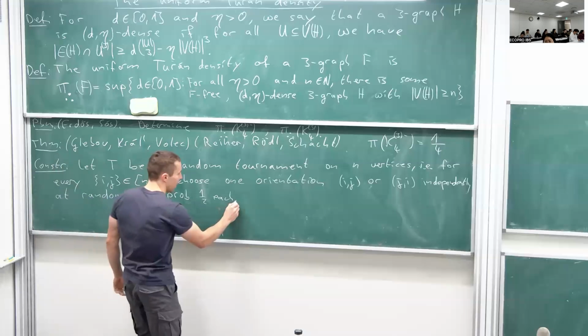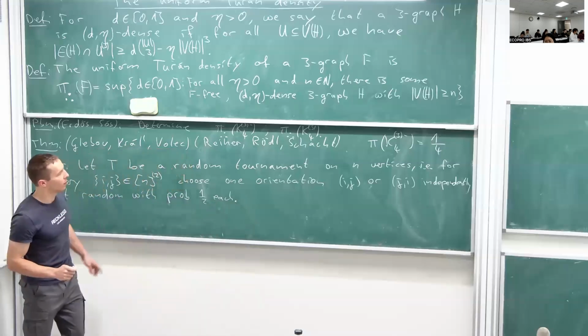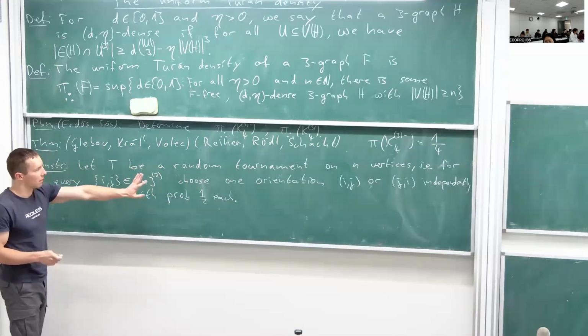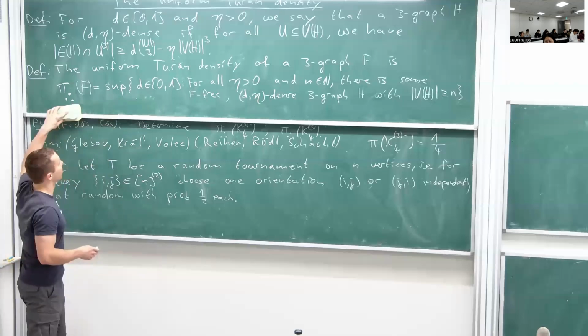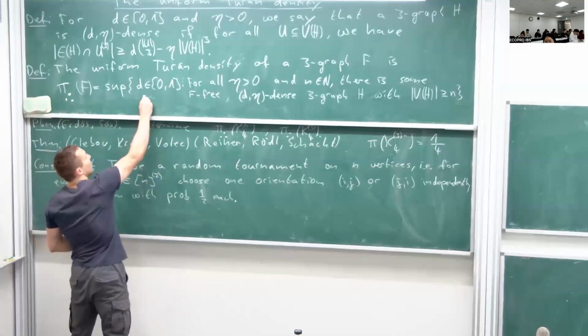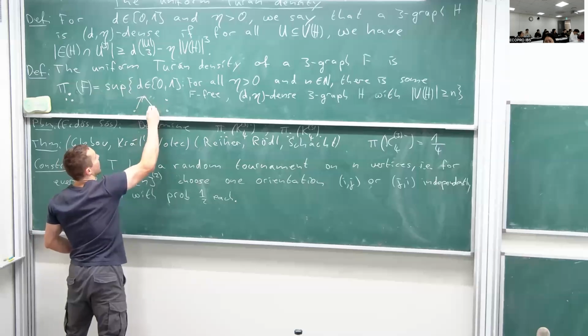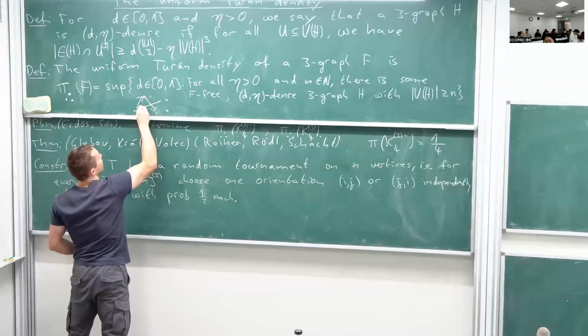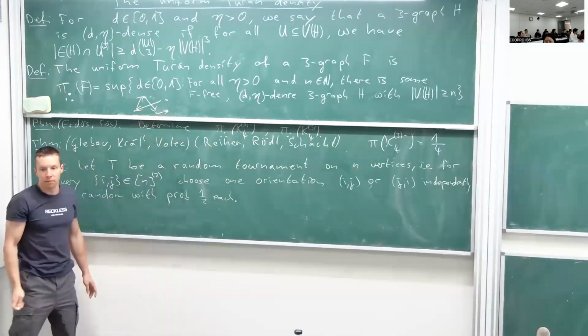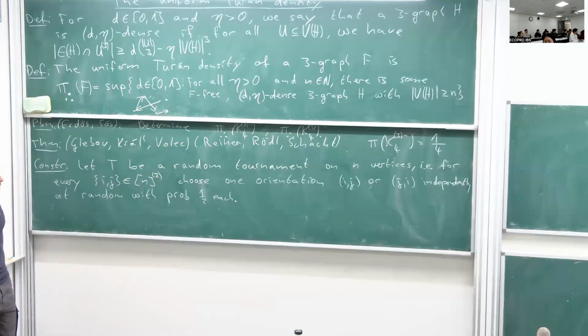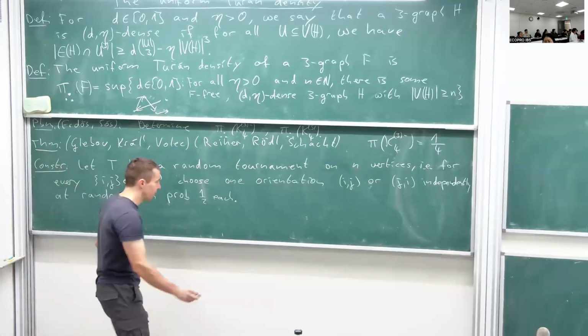Okay, and now this thing is just a thing for graphs. Basically, we have our vertices, and now we place orientations for any two of them. And so, how do we obtain a hypergraph from this?